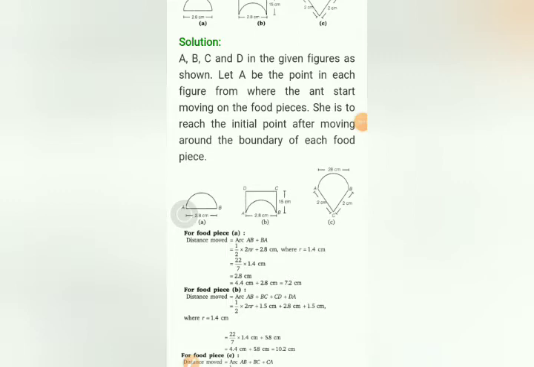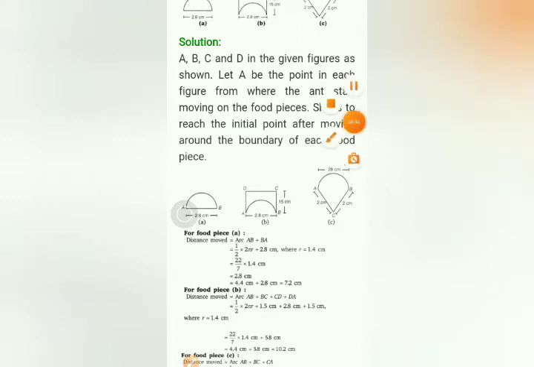If you look at figure B, it is the shape of a semicircle, that is half of the area of a circle, or half of the perimeter of the circle. Here we have to find out the perimeter of this arc. So it is half of 2 pi r, where 2 pi r is the perimeter of a circle.